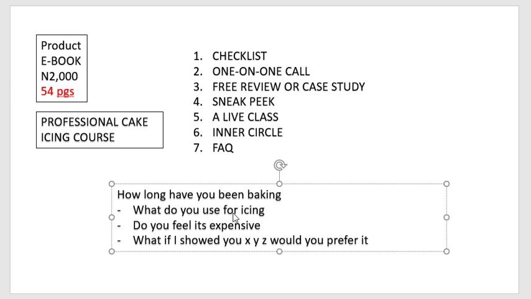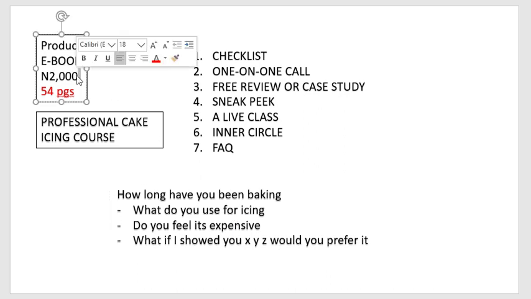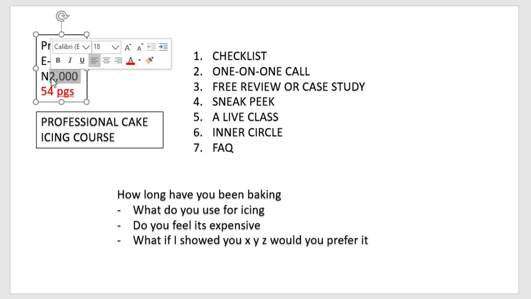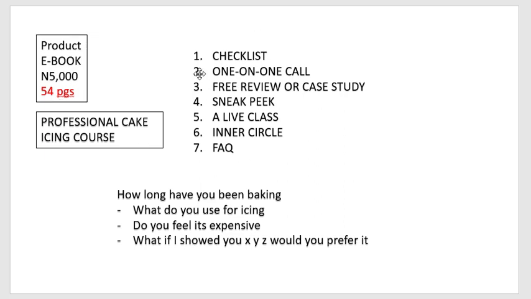You put the numbers. So when you do all these things together, you can comfortably jack up this simple ebook that people would have been struggling to buy for 2,000 naira. They will quickly rev it up now, and you could even sell it for 5k, especially when you put urgency. You now tell them, okay, I'm going to give you all these bonuses if you buy this for 5,000 naira within 2 hours.